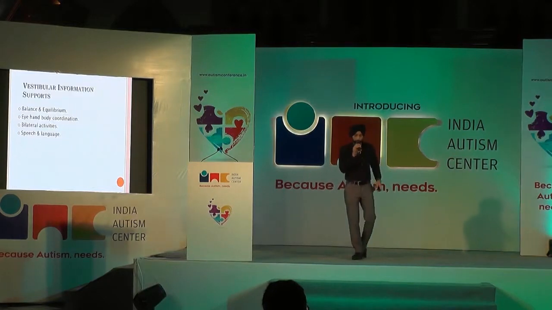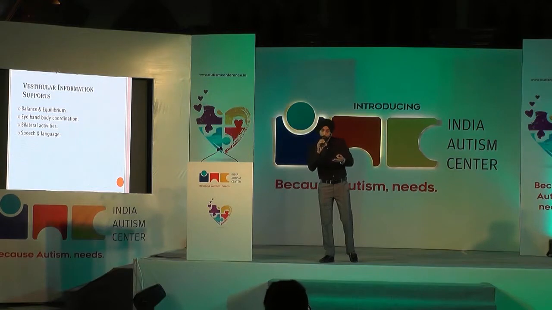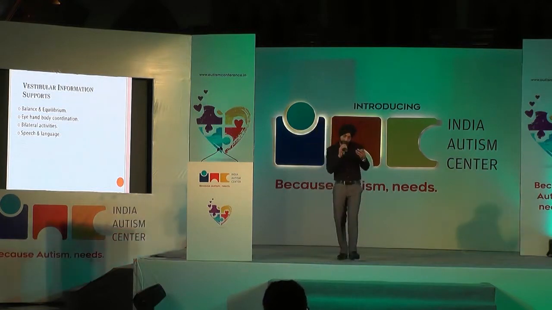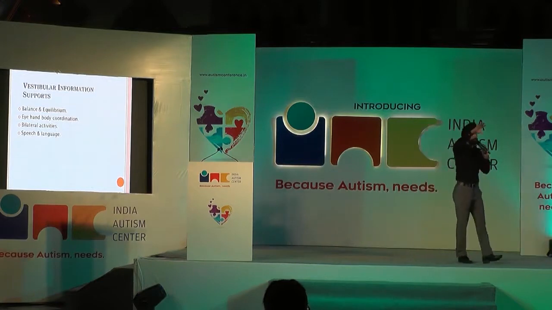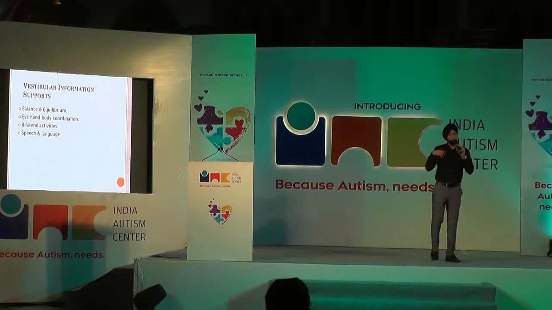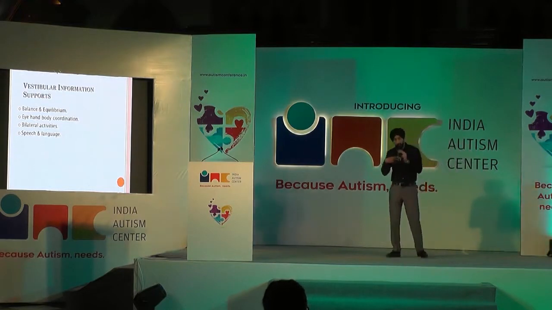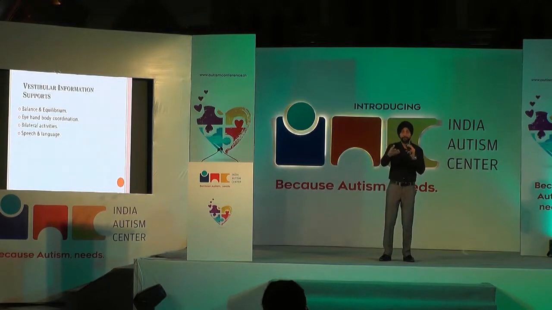And the other is the importance of having a good vestibular system. As I told you, just take it simply. Vestibular means balance and equilibrium. If I don't have a good balance, I'll not be able to perform certain activities. Let me give you an example.